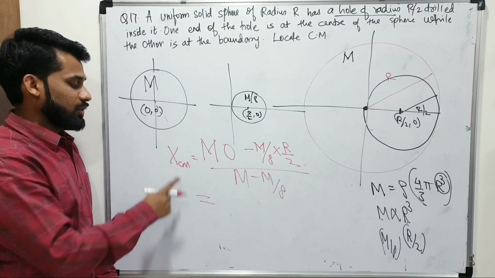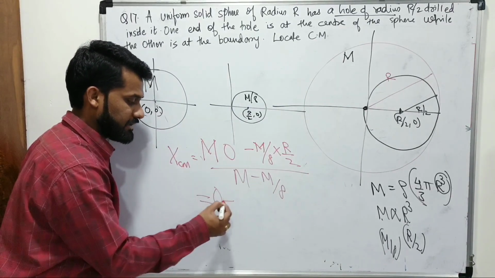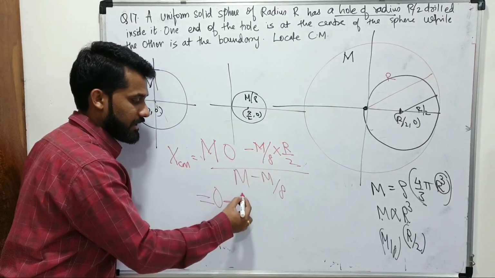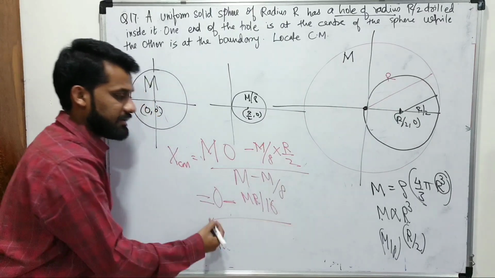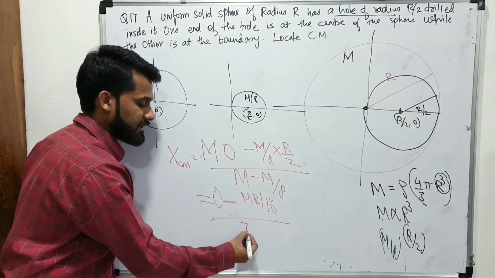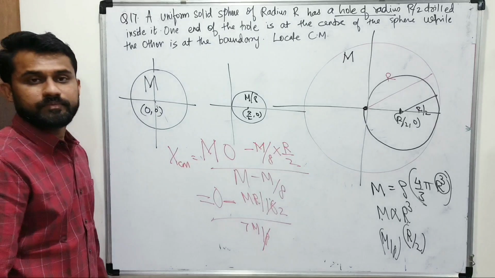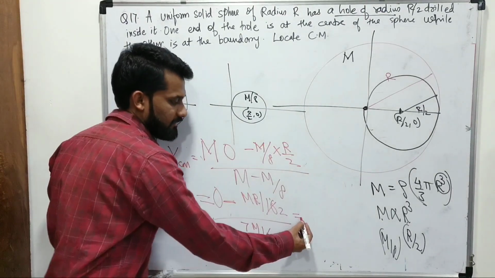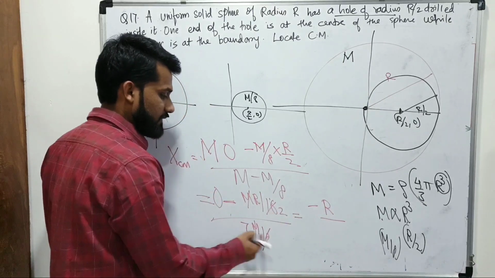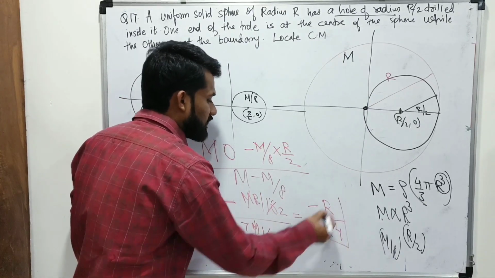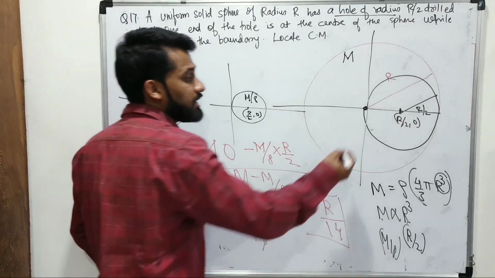See, this is 0, so 0 minus, this will become mr by 16, right? Divided by m minus m by 8, which is 7m by 8. And it will effectively become, m will cancel, minus r by 2 into 8 by 7, so minus r by 14. So the x coordinate of the center of mass will be minus r by 14.